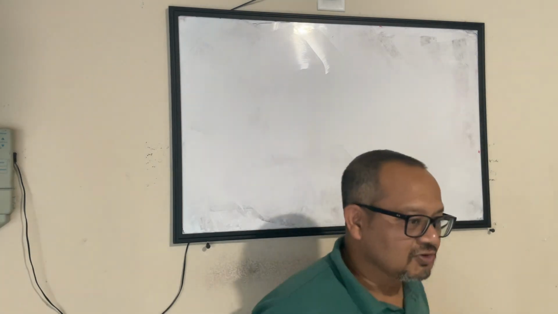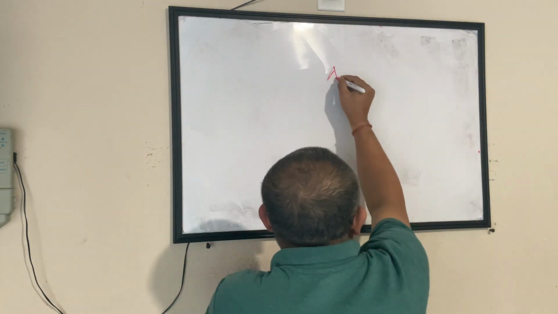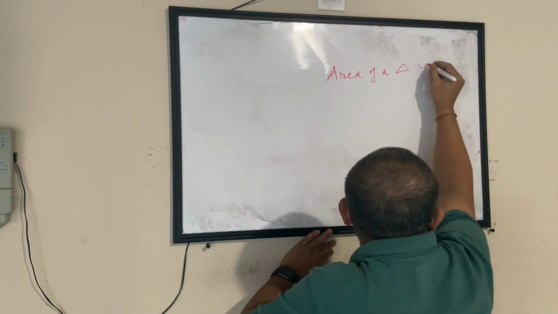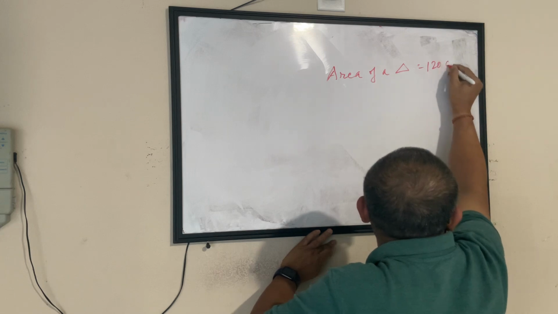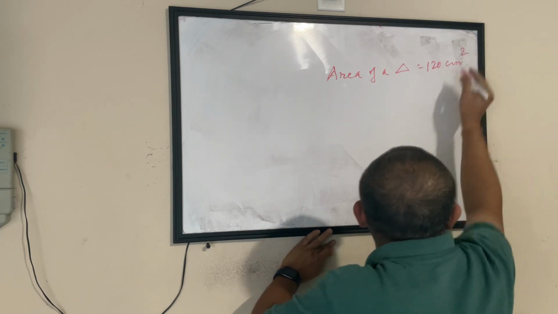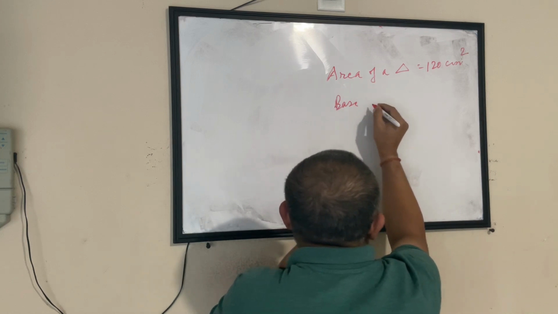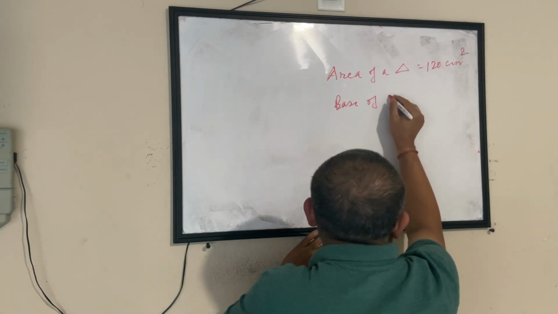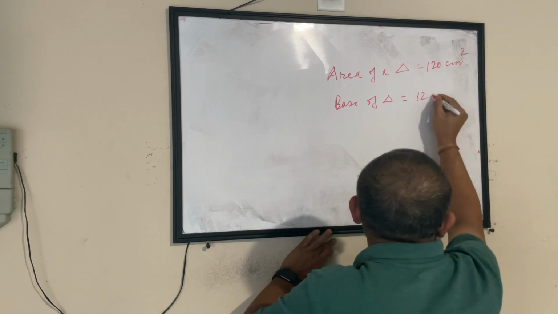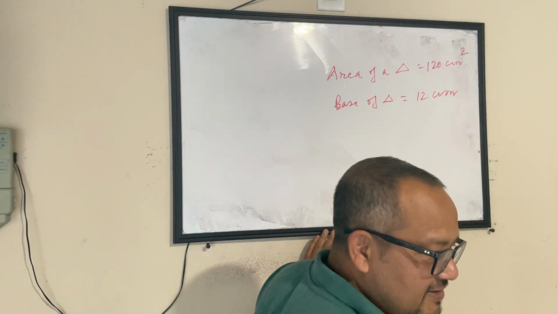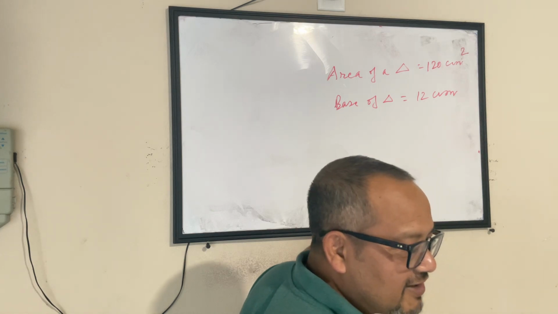Okay. Now 2 questions for everybody to solve. If I have area of a triangle equal to 120 centimeter square and the base of the triangle equals 12 centimeter, find out the corresponding height. Okay?